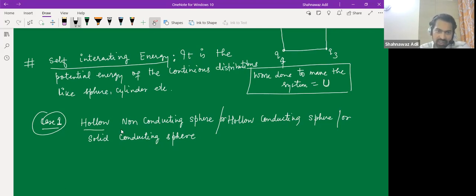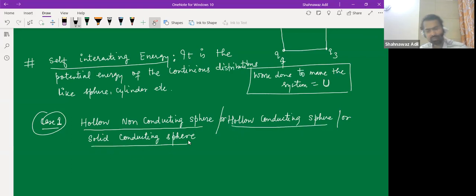But I have written these three spheres on the same footing. Why have I put them on the same footing?